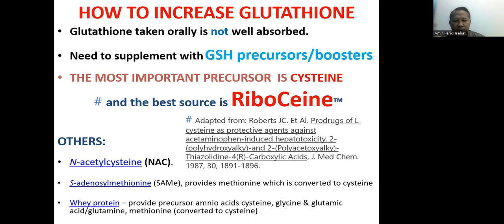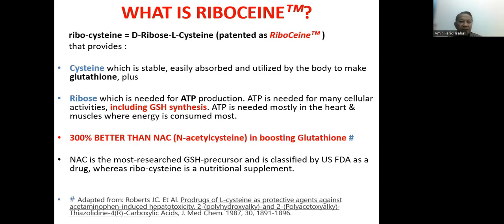But the most important thing to know is how good NAC is. Ribosine is 300% better, according to studies done. So what is Ribosine? It is actually D-ribose L-cysteine, shortened to ribocysteine, and trademarked as Ribosine.